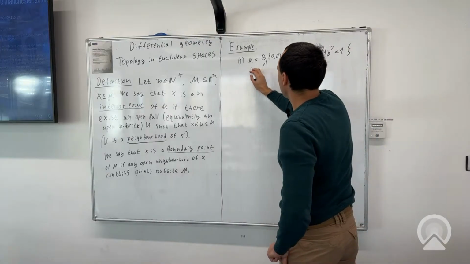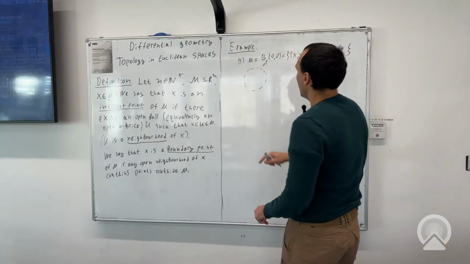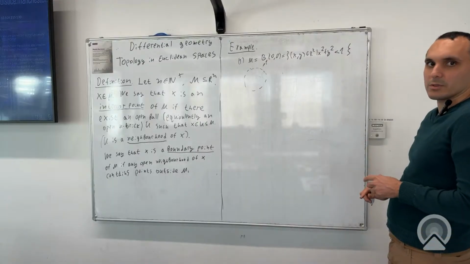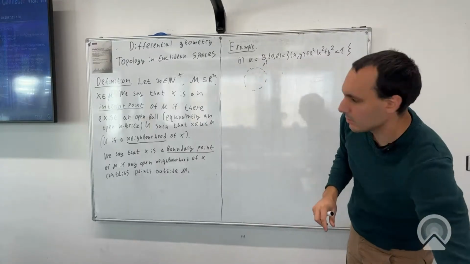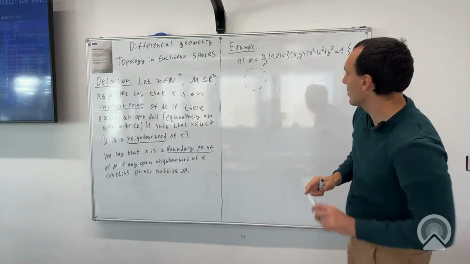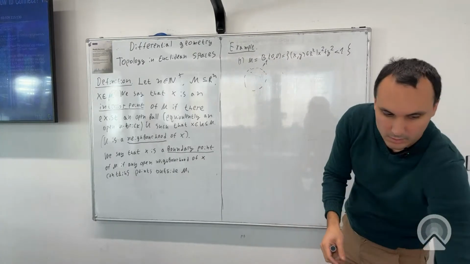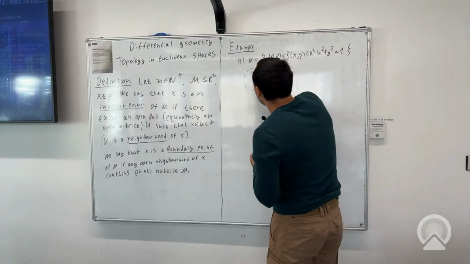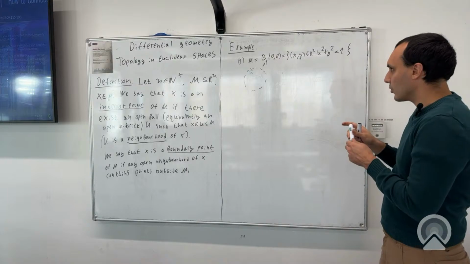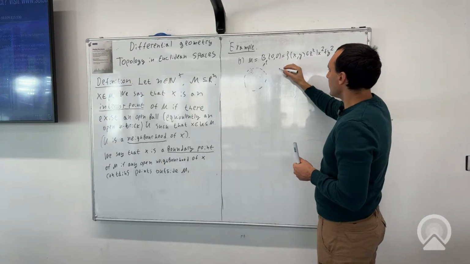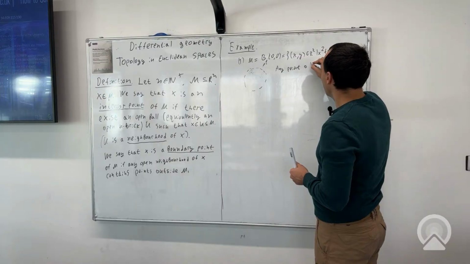Let's draw it. So all points of M are interior points. If I take some point here, I can draw a little circle around it that doesn't touch the boundary. This can be proven rigorously, but I'm not going to do that. So any point of M is interior.